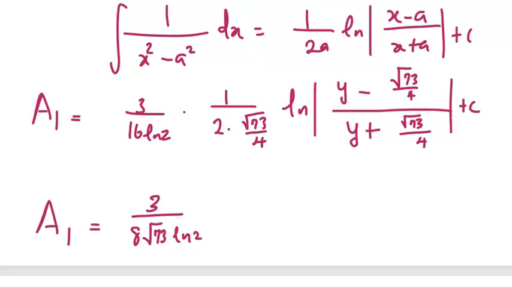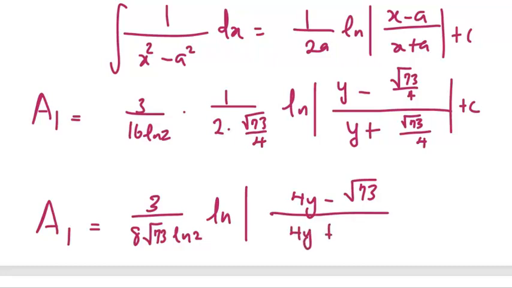So that is what we have next. Multiply by the ln of, multiplying the numerator and the denominator by 4, we get 4y minus square root of 73 divided by 4y plus square root of 73. And here we have our plus c.